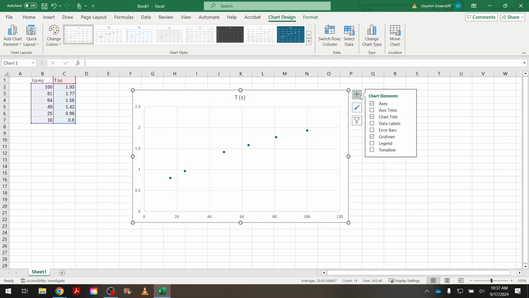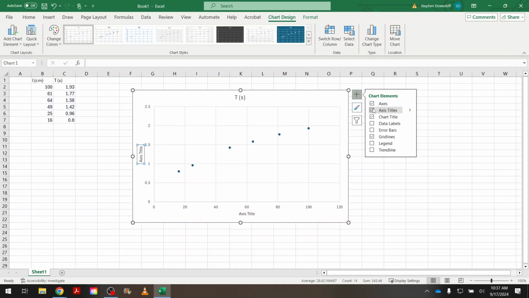We want to make sure that the axes titles, the chart title, the grid lines, and the trend line are all included. And the trend line we want to, yeah, here's what we want. Okay, we'll leave that there for now. Boom. And now we can actually go make some edits.